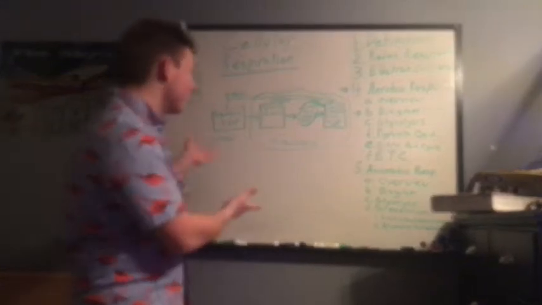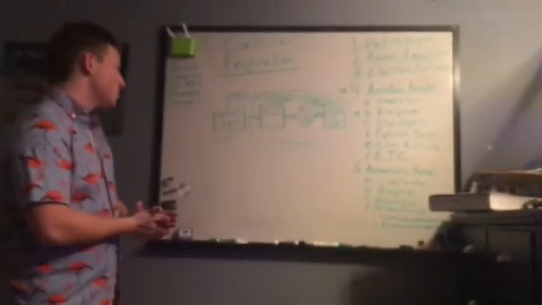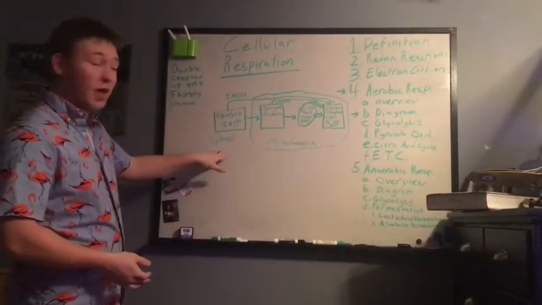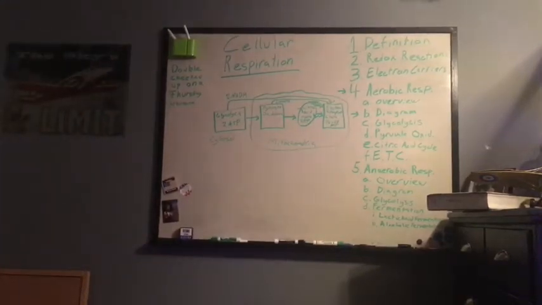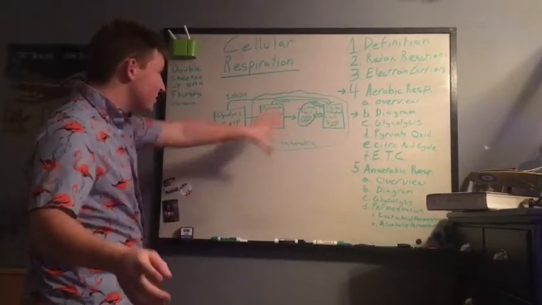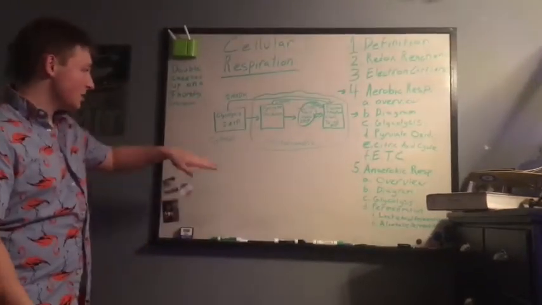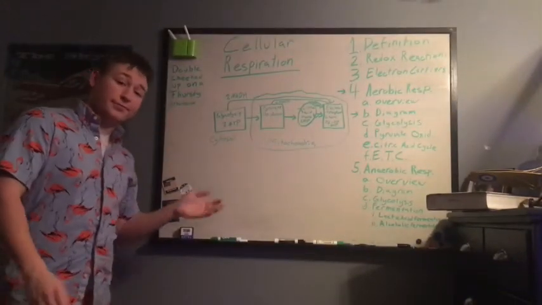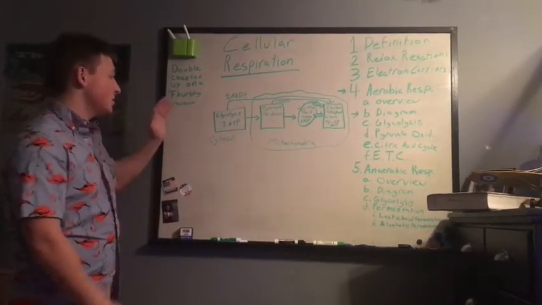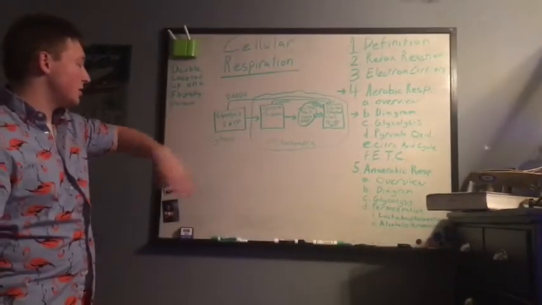So here's a rough diagram of what happens during aerobic respiration. It starts in the cytosol, or the cytoplasm, where glucose is split into two pyruvates and it creates 2 ATP.